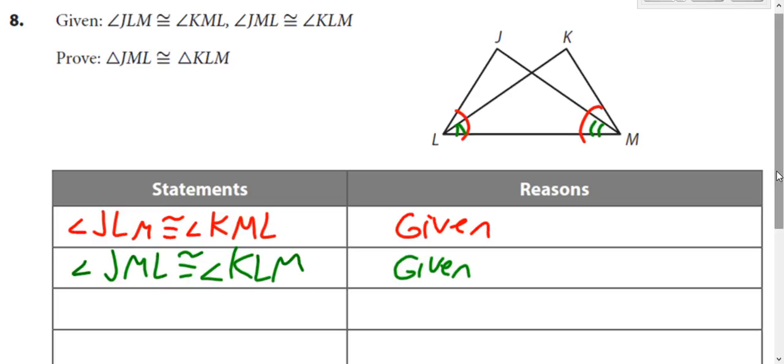And it's not given in the words, but it is given in the picture that they do share a side. There's a side that they both have here. They both have this bottom piece, LM. So you can write it. It will always be congruent to itself. That's called the reflexive property.